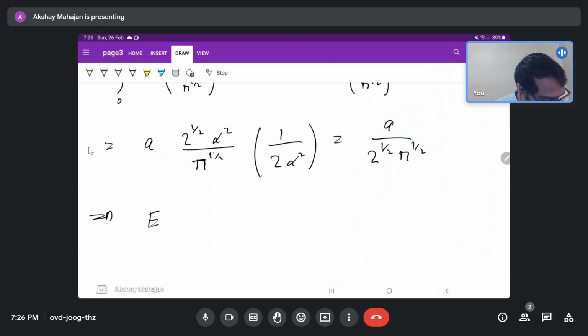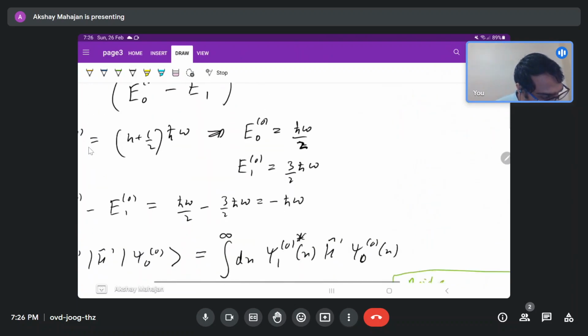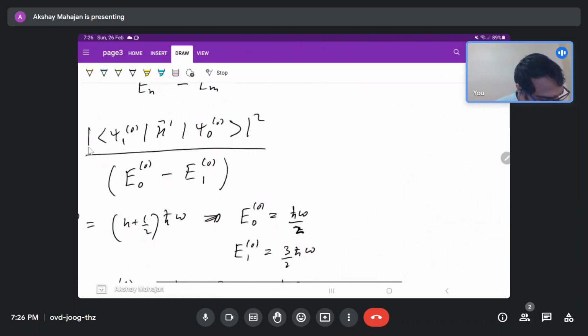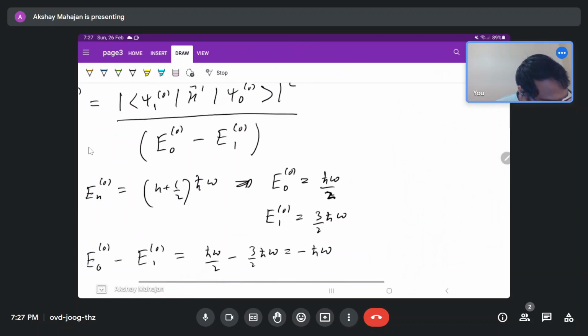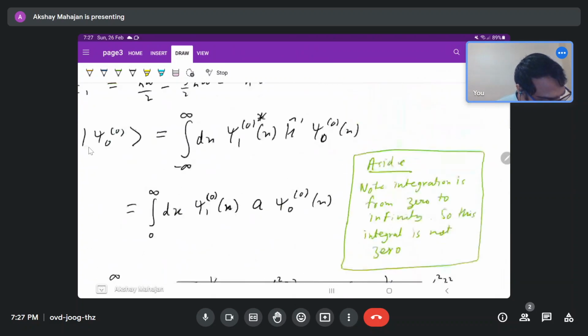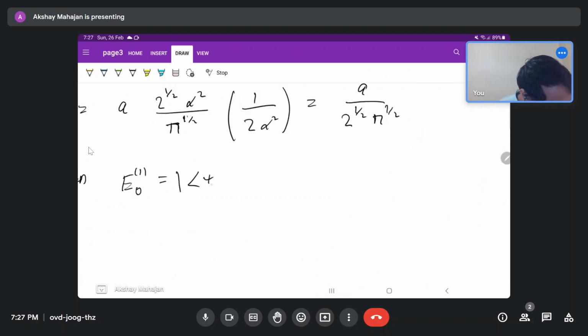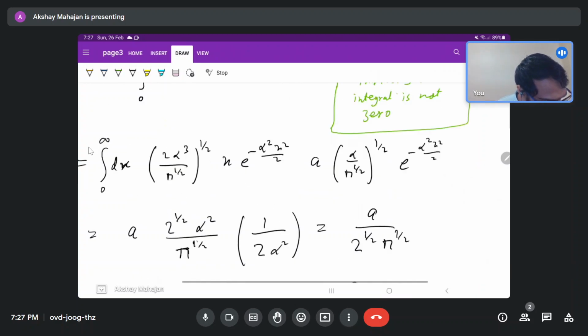So our first order correction to this energy comes only because of the one excited state. So we need the square of this term. Let me write again. This was psi 1 of 0 h cap prime psi 0 of the 0th order, whole square.